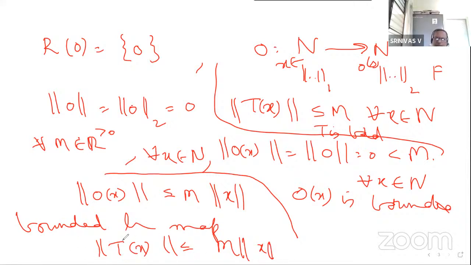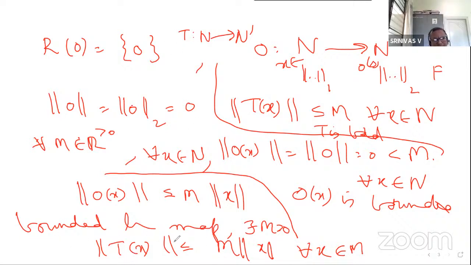If we have a linear map T from N to N dash, and for that linear map T you can find a positive constant m such that this is true for all x in N, we say that this linear map is bounded. That's what we mean by a bounded linear map.